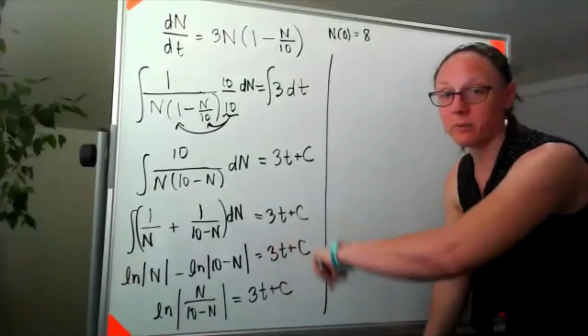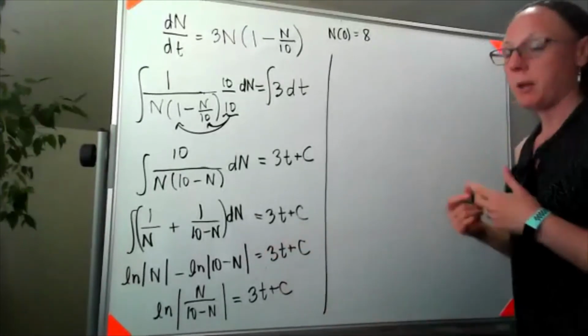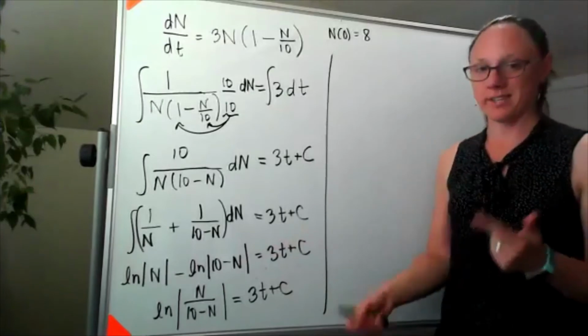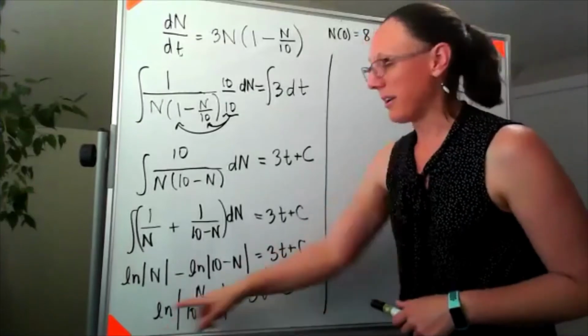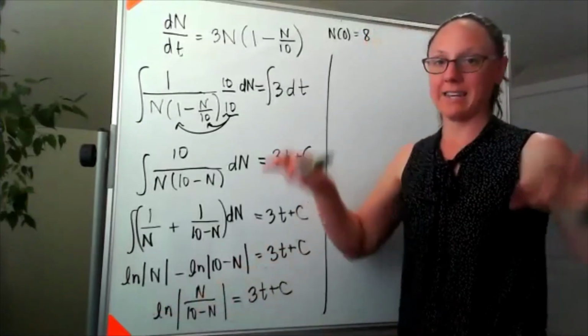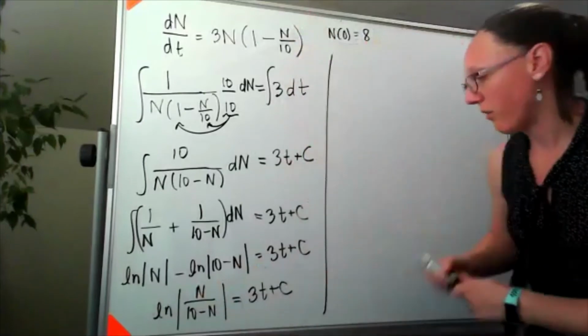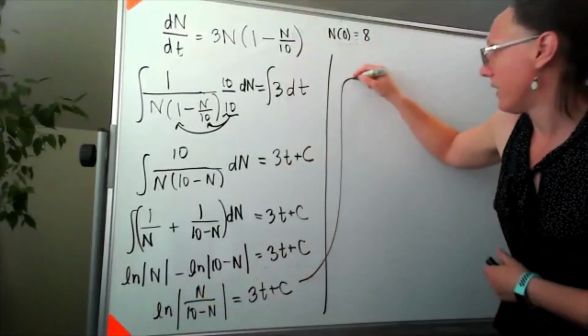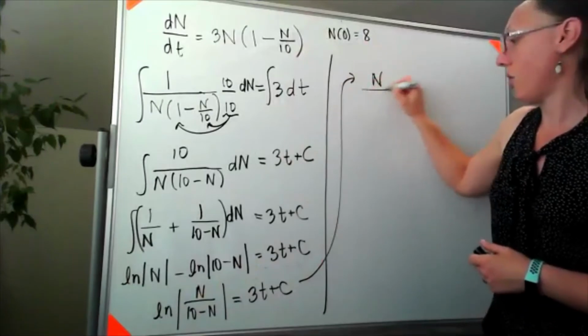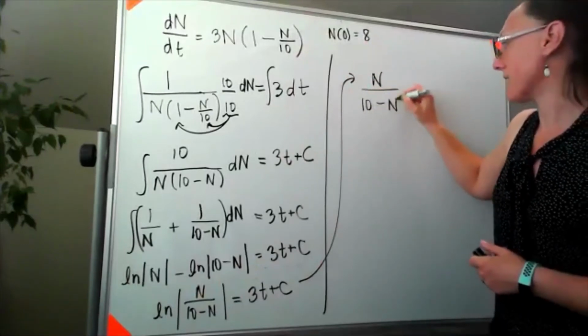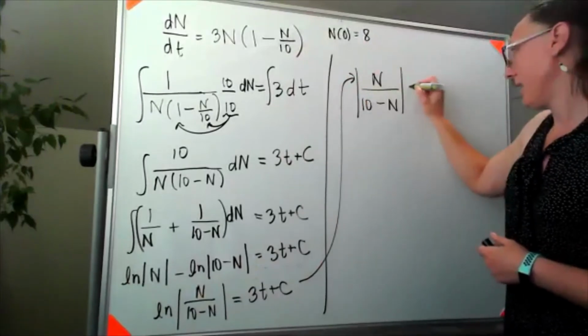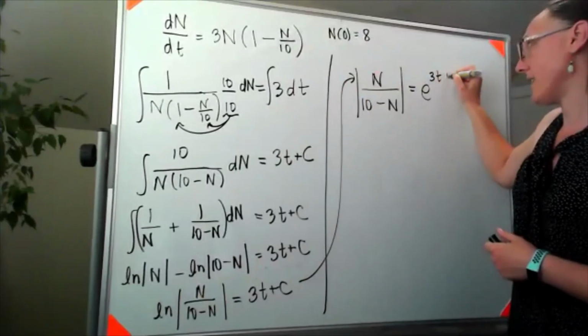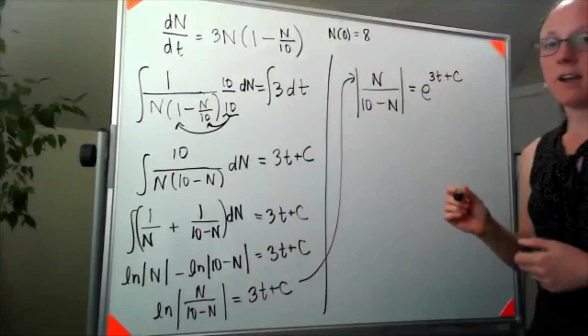I'm not going to fully do all of the algebra to rearrange this to solve for n, but I will at least take one more step, which is I'm going to raise both sides as e to the stuff so that I can go from here to n over 10 minus n is equal to e to the 3t plus c.